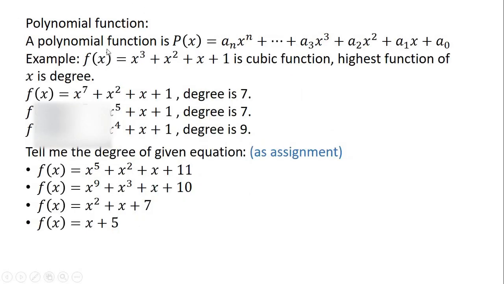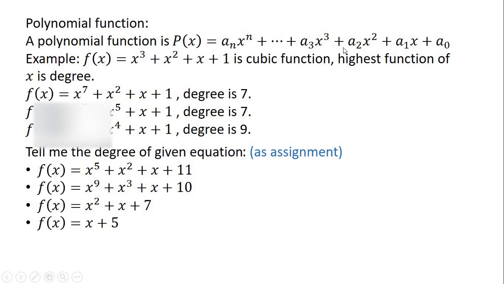Polynomial functions. In this we have a_n x power n plus a_(n minus 1) x power n minus 1, and so on, plus a3 x cube plus a2 x square plus a1 x plus a naught.